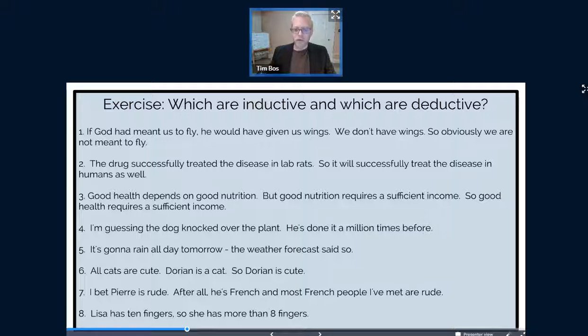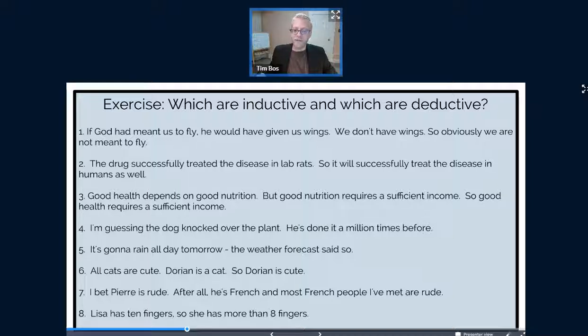Okay. So we did 1 through 3, 4. I'm guessing the dog knocked over the plant. He's done it a million times before, right? So if we were to put this in premise conclusion format, it would be something like, the dog has knocked over the plant a million times before, right?